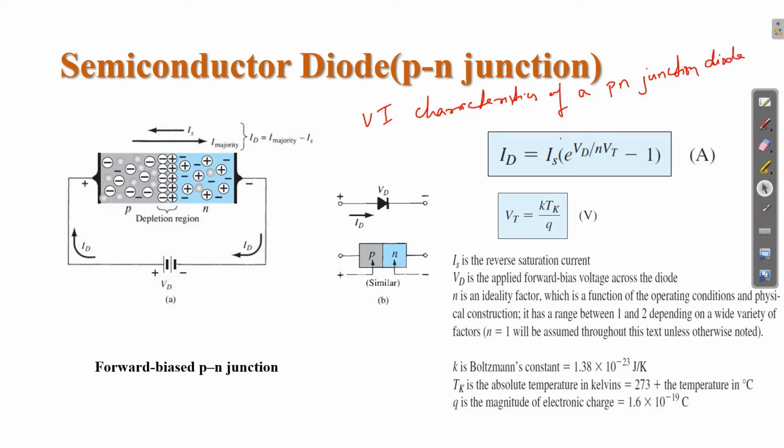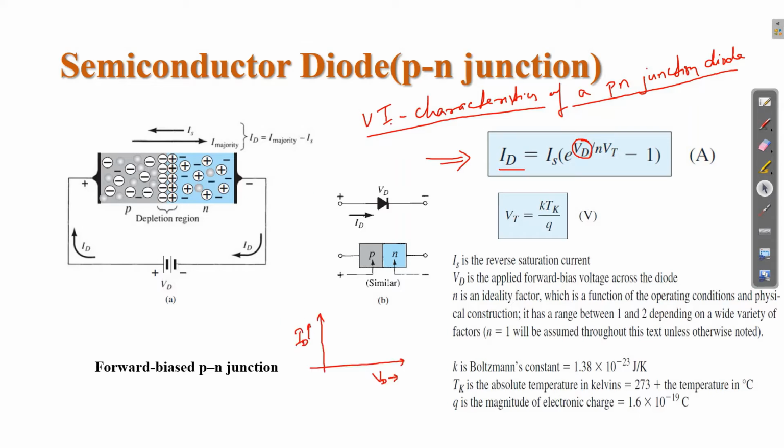So what is this VI characteristics of a PN junction diode? It is the graphical representation of this very equation, the diode equation, the relationship between ID and VD. When represented graphically in the form of a curve, that will be called your VI characteristics of a PN junction diode.